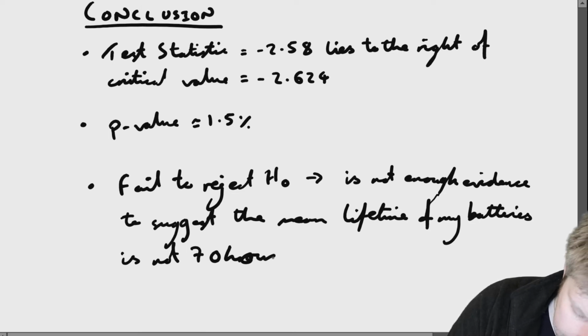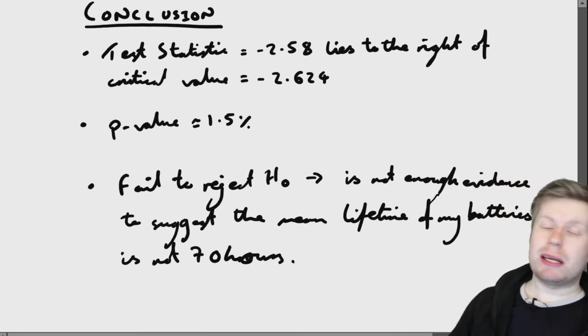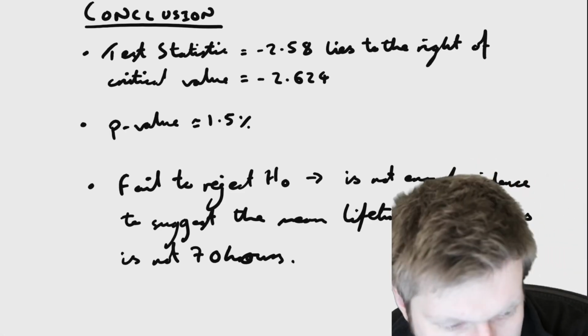Remember, I'm wording it so that I'm not saying anything is true. I'm saying there's not enough evidence to suggest that the mean lifetime is not 70 hours. So just be aware of that.